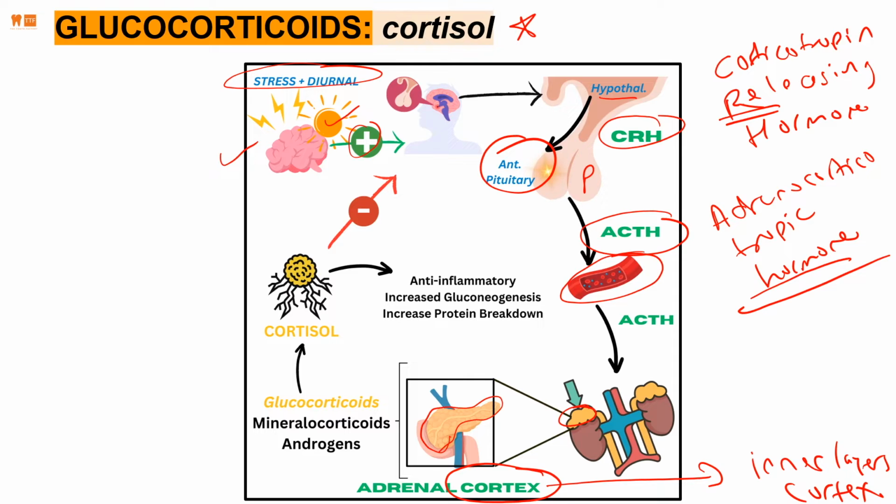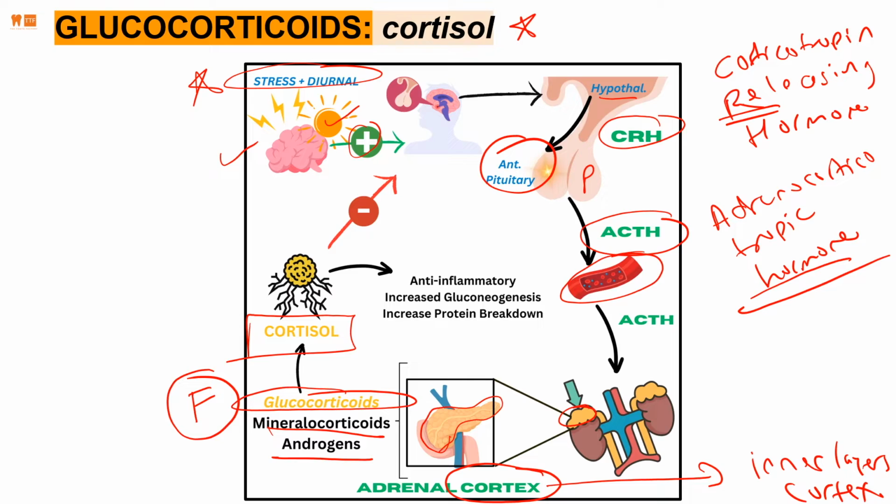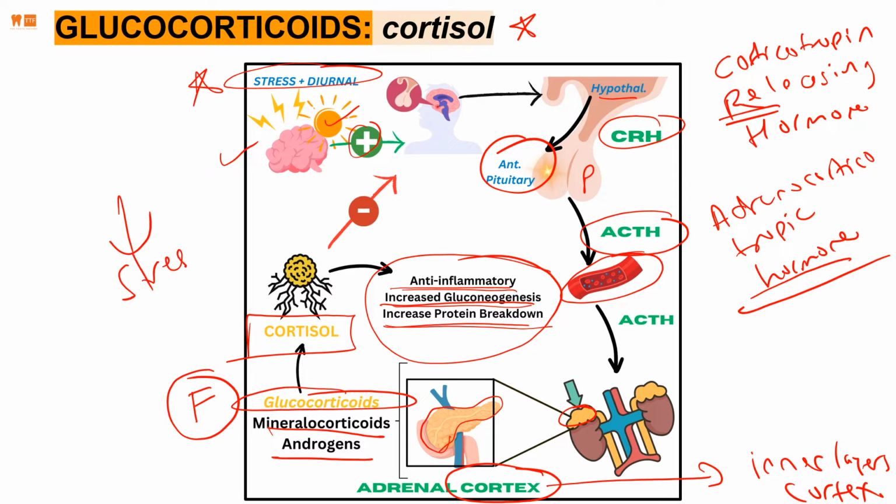Correction there. Cortex accepts it, and because it was stress and diurnal related channel, there will be glucocorticoids that are released, not mineralocorticoids, not androgens. Fasciculata releases glucocorticoids, specifically cortisol, and cortisol goes and does increase in protein, breakdown fat, breakdown, increase in gluconeogenesis, anti-inflammatory, whatever needs to happen in order to reduce stress.